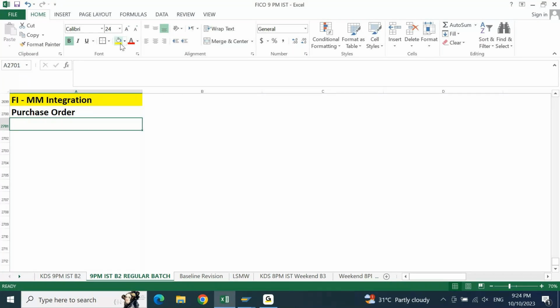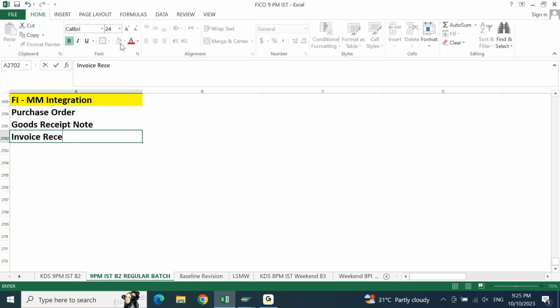Only the key points I'm writing, I'm not writing RFQ, purchase requisition, they are not relevant. Understand straight away from purchase order. We need to understand what is a purchase order. Based on the purchase order, you will put the goods receipt note. Based on this, invoice receipt.